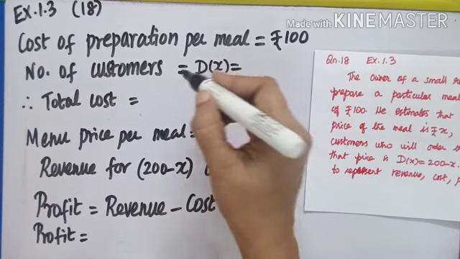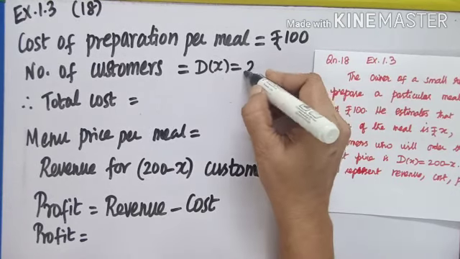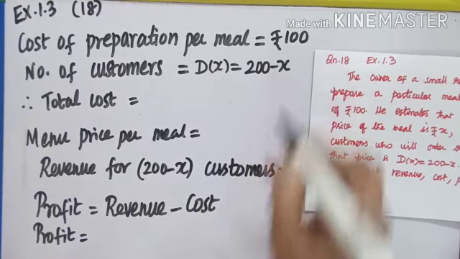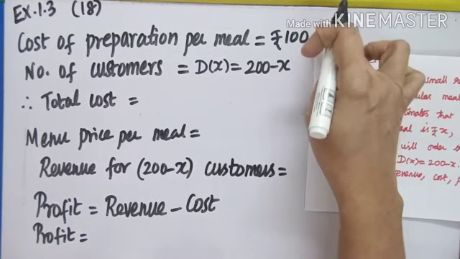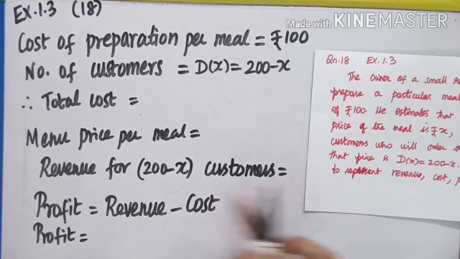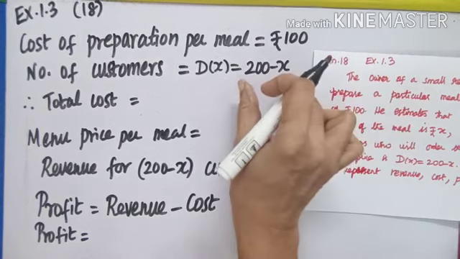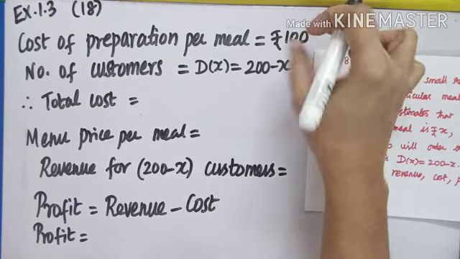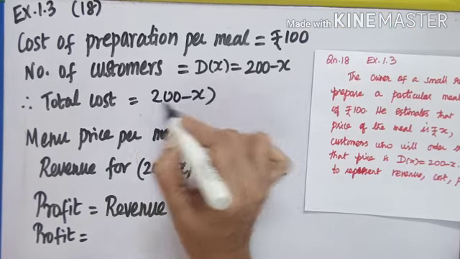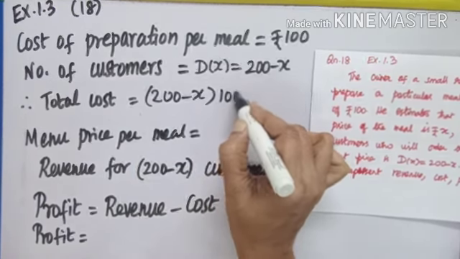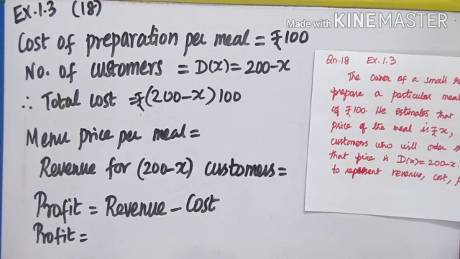So customers are demanding actually. So they call it the quantity. So it is 200 minus X, this many customers. Preparation is 100 for one customer. So what is the total cost? Multiply. This is quantity and this is price. So I will multiply 200 minus X into 100. This gives me total cost, say in rupees.